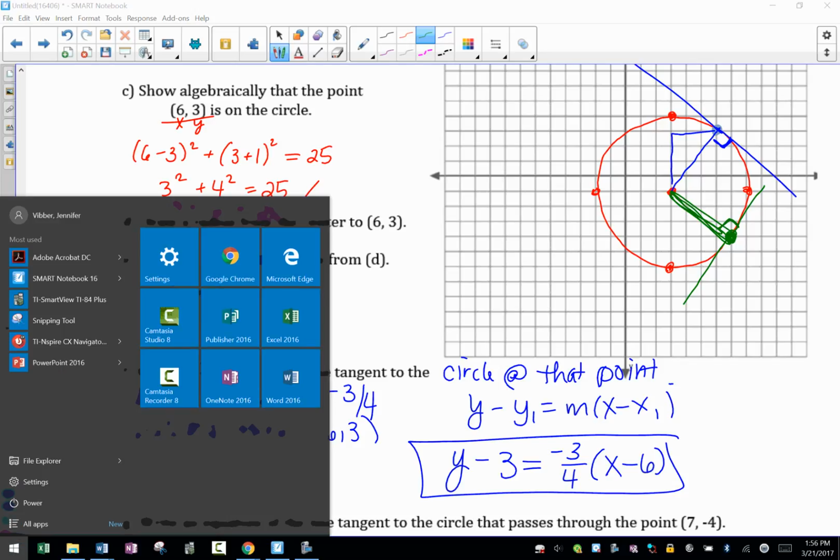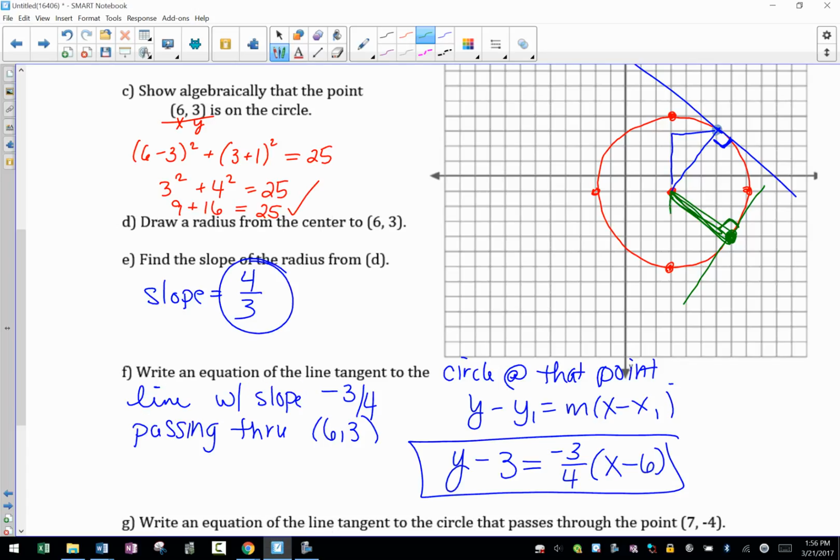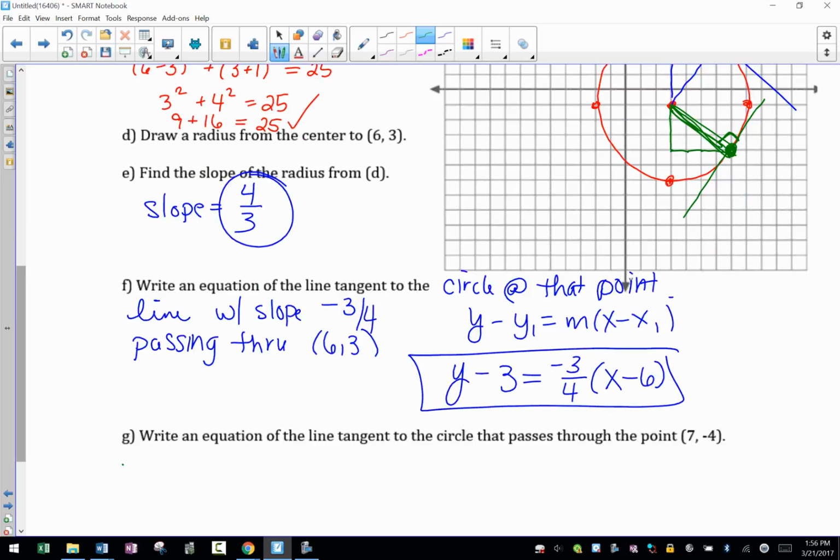So I went down 1, 2, 3 and over 1, 2, 3, 4. So the radius has a slope of down 3, right 4, which means the tangent slope is perpendicular to that, so that's going to be 4/3.